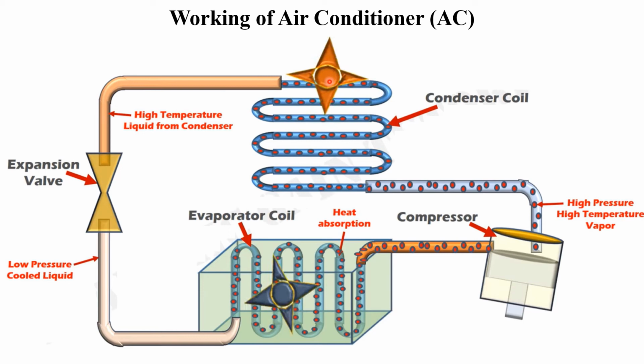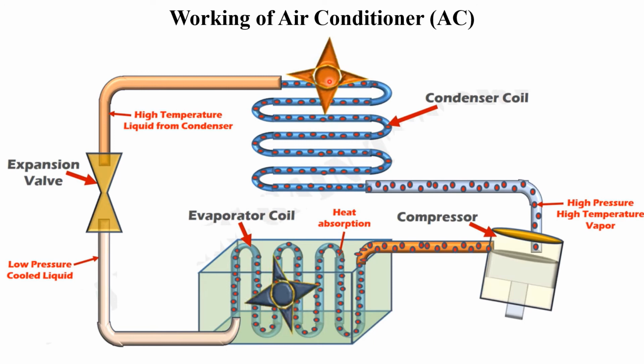This expansion valve also controls the amount of refrigerant flow to the evaporator. The high temperature liquid refrigerant which entered the expansion valve is converted to low pressure cooled liquid by expansion. This low pressure cooled liquid enters the evaporator coil and the cycle continues.